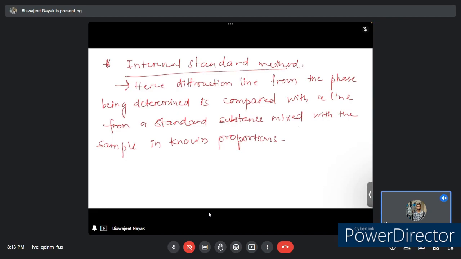So it is only restricted to powder form.